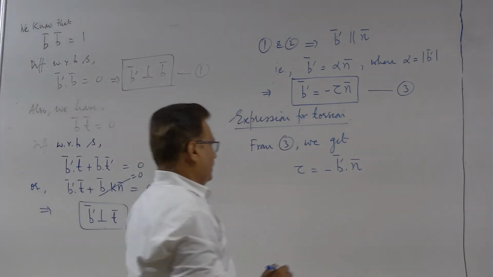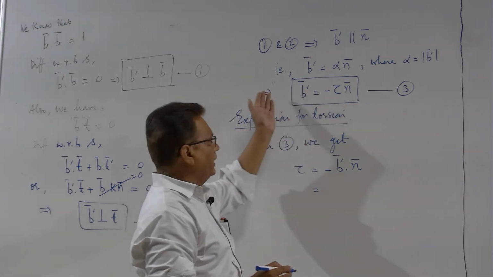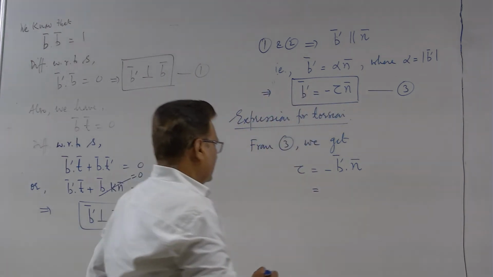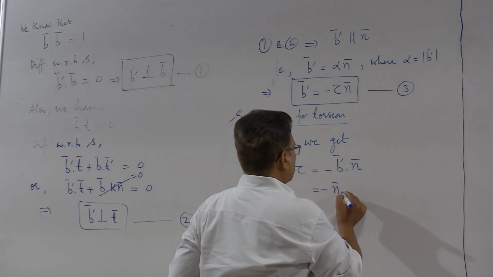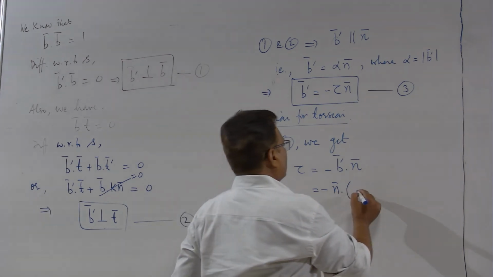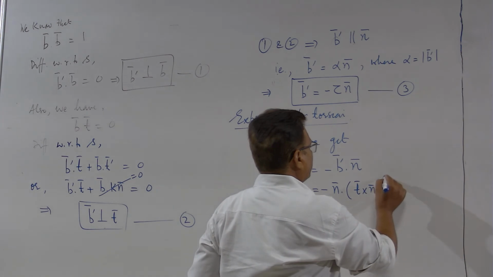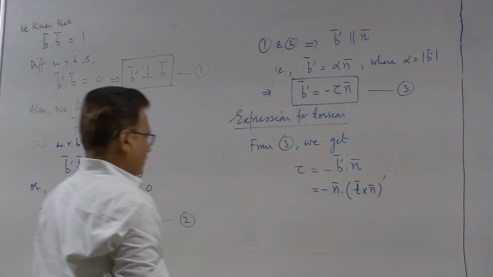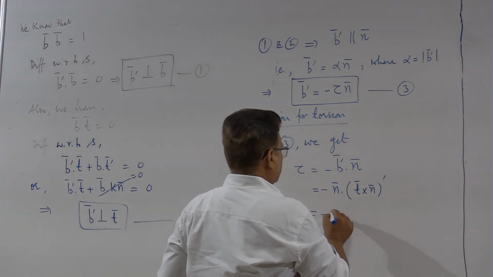This follows from here, you take dot product with n on both sides. So, this is minus n dot b dash, and b I know is t cross n, and I have to take its derivative with respect to s.